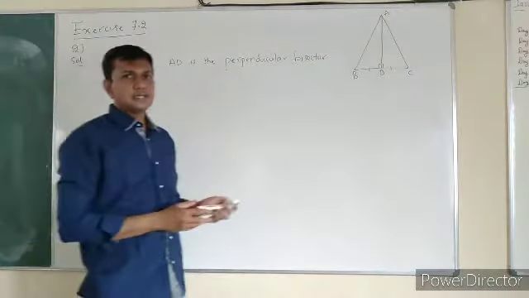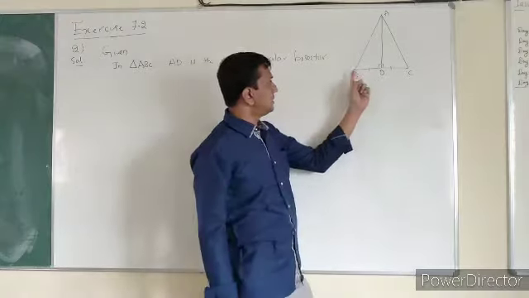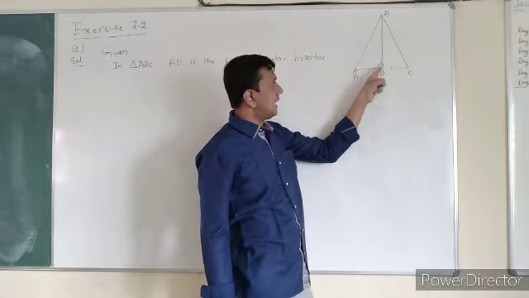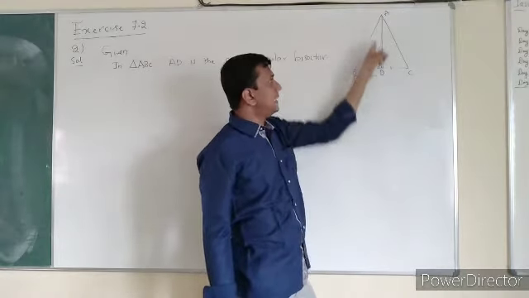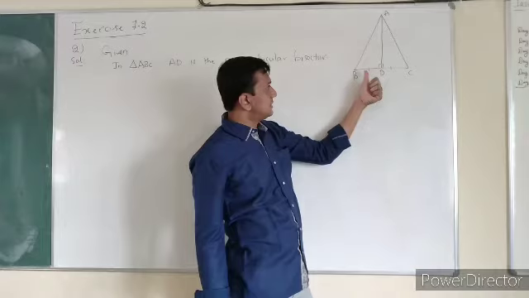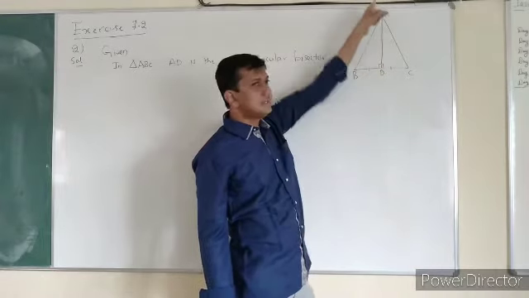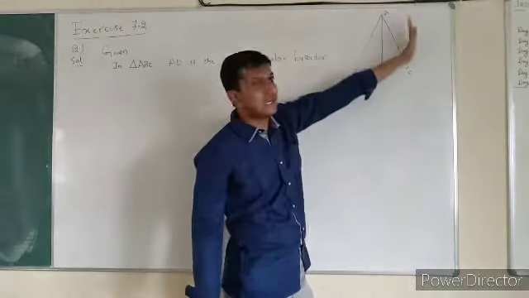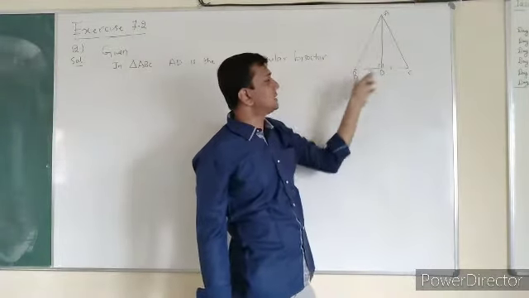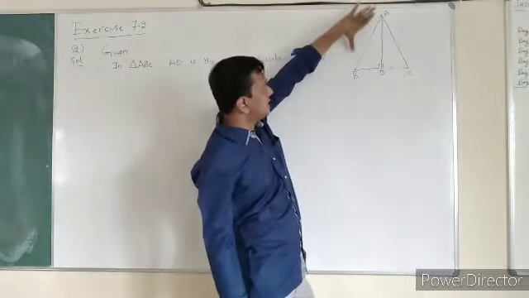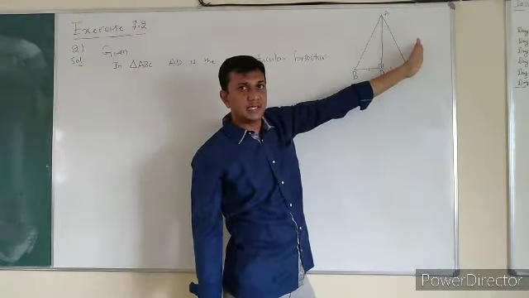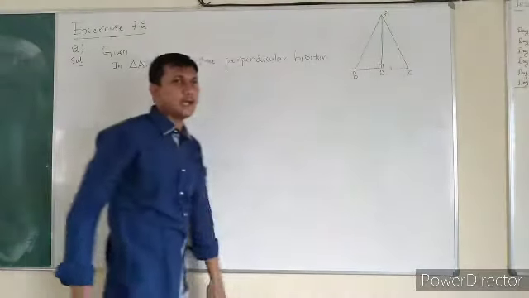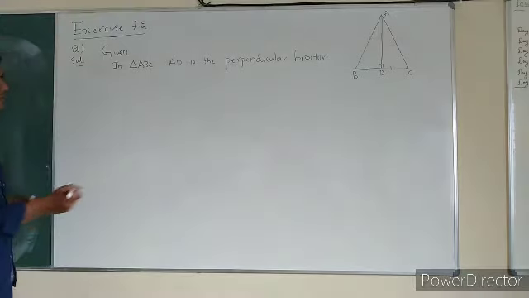On comparison, BD is equal to CD, this angle is equal in both cases, and AD is the common side. So which congruency? Side, angle, side. By SAS rule both are congruent. If they are congruent, the corresponding sides and angles are also equal. For us, it is enough to prove that AB is equal to AC. If AB equals AC comes, automatically ABC will become an isosceles triangle. So let us try the steps.